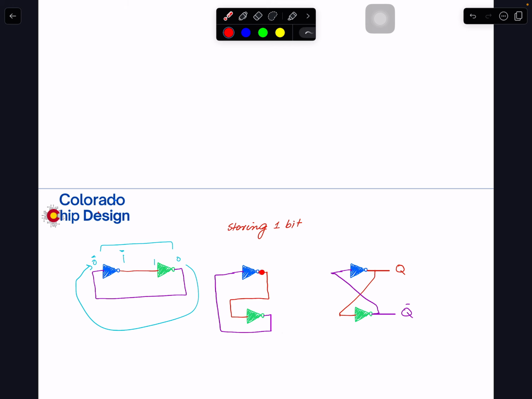I'm calling the output of this blue inverter Q, and the output of this green inverter Q bar, Q dash. This one goes here, I drew it this way, and this one goes here, and here I drew it like this. You will see this circuit a lot of times, and I don't want you to get confused that it's the same thing. So we just want to make sure that we have 0 and 1 stored there.